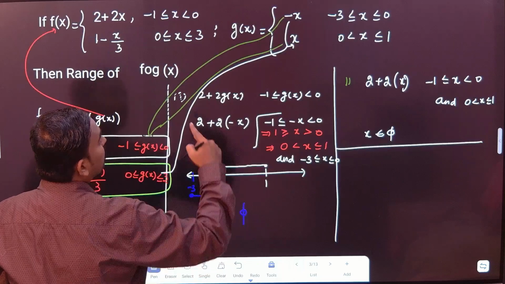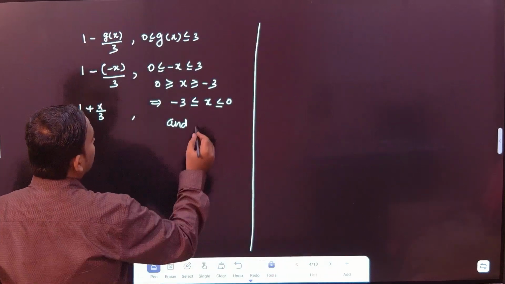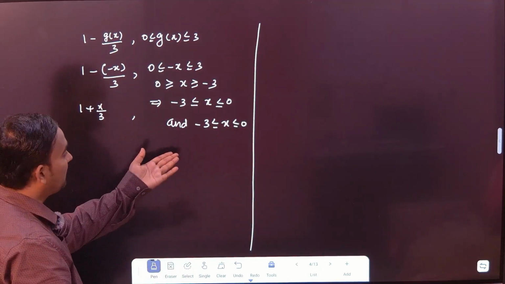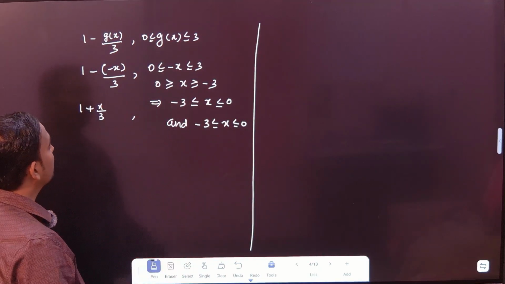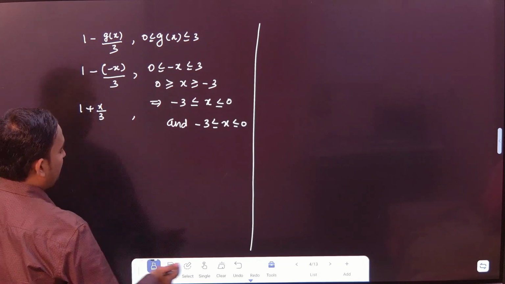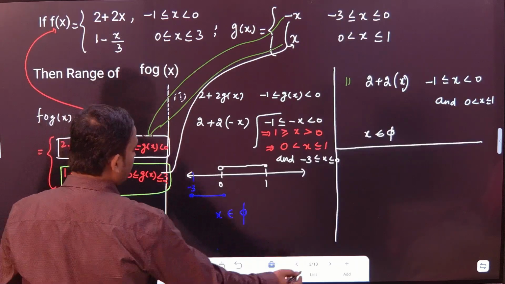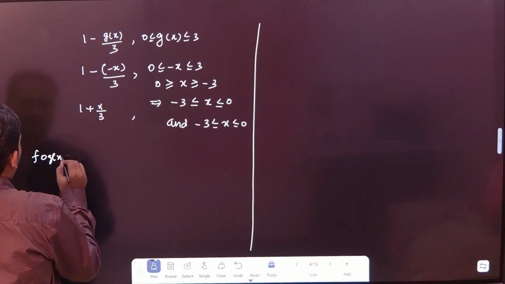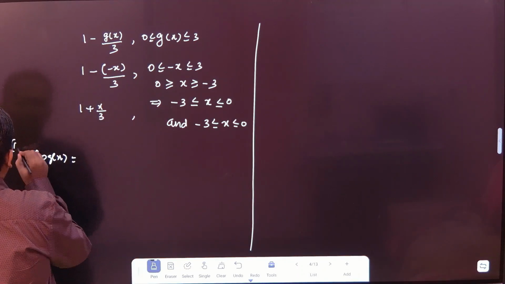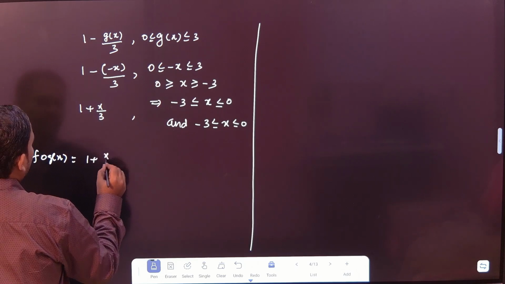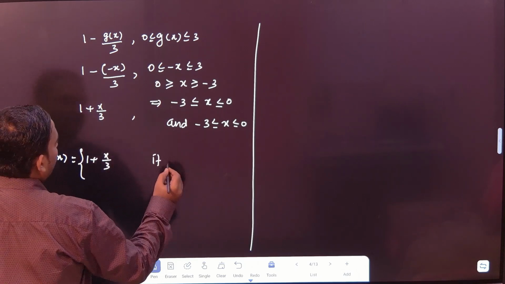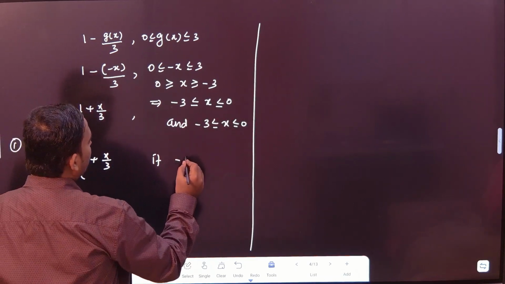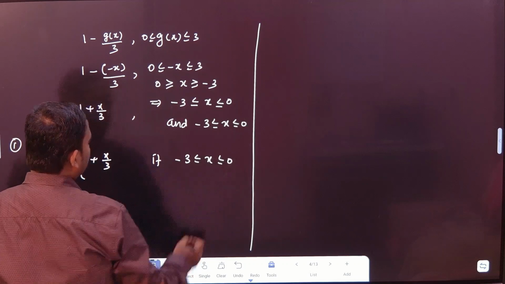You can see x is minus 3 to 0, minus 3 to 0, right? So definitely there is a common part, both will be the same interval, right? Clear? So therefore, f composition g of x, the first one, we define as 1 plus x by 3 if x is, which is common here, minus 3 to 0, both will be the same interval.